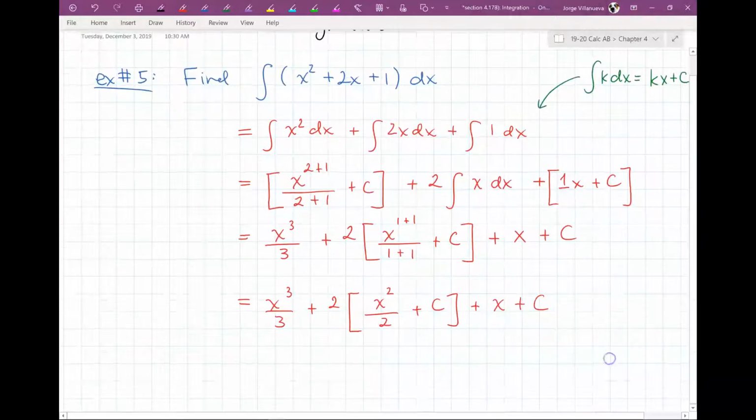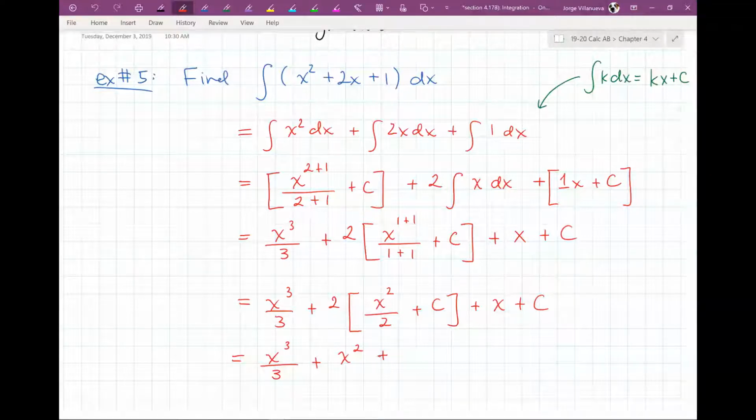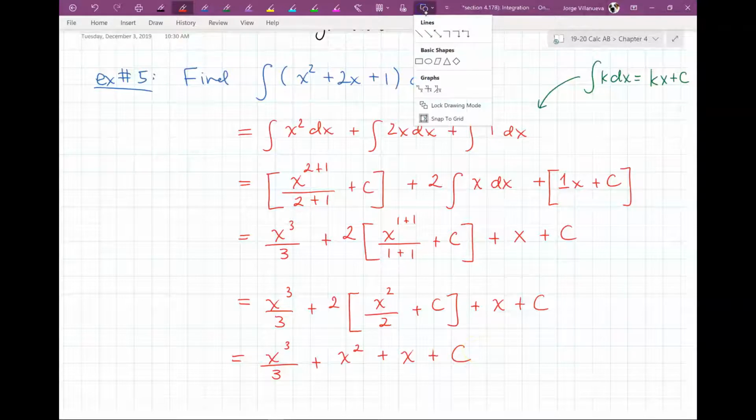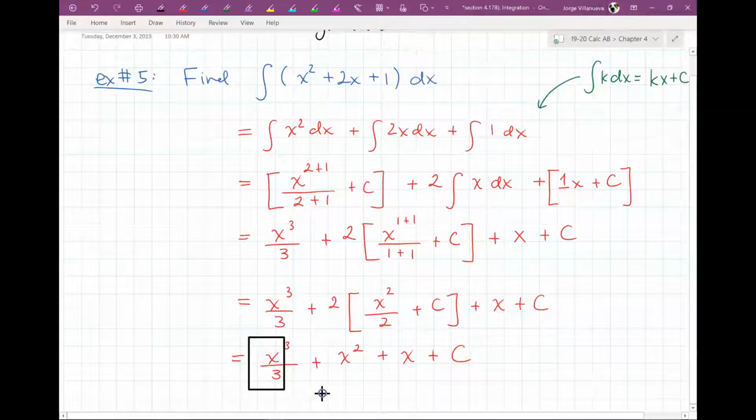So we have x cubed over 3 plus, now distribute that 2, you get x squared, because the 2's will cancel, plus 2 times c is just a constant, so I'm going to add that to the constant at the end. So twice the constant plus a constant is just going to be a constant. So I'm going to put x plus c, and that's my integral.